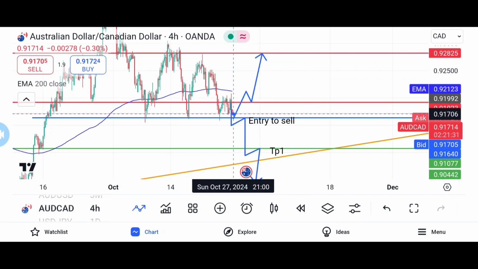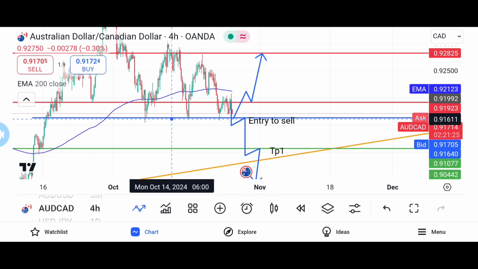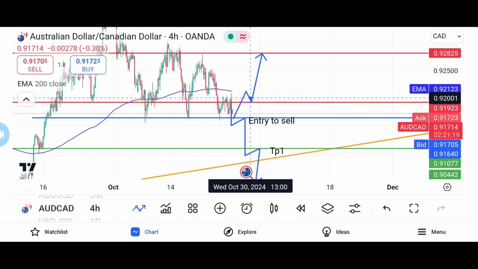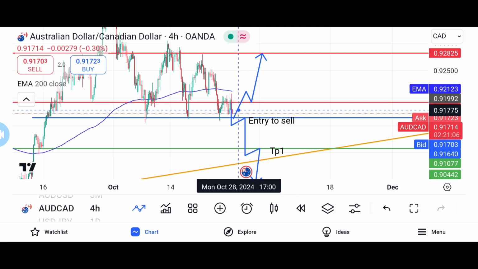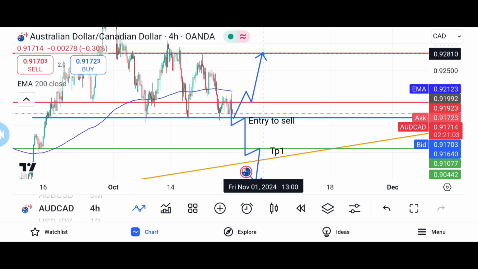If buyers have more power than sellers, because here we have a very strong support on the 4 hours, and buyers manage to bring the price back to this zone and retest it, now guys, our plan B will play out. We shall enter here to buy up to this zone.